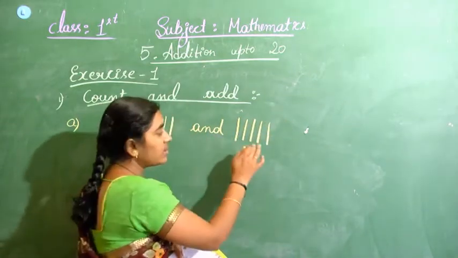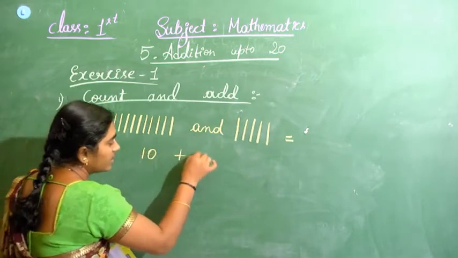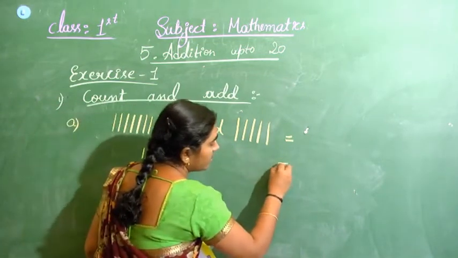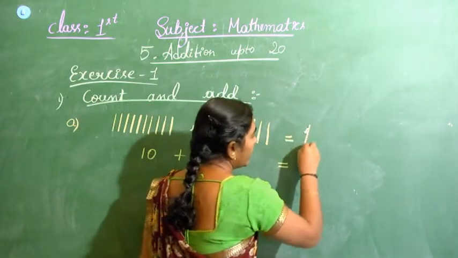Your 10 plus 5 will get 15, right? 10 sticks plus 5 sticks, we will get 15 sticks. So you can draw 15 lines here.